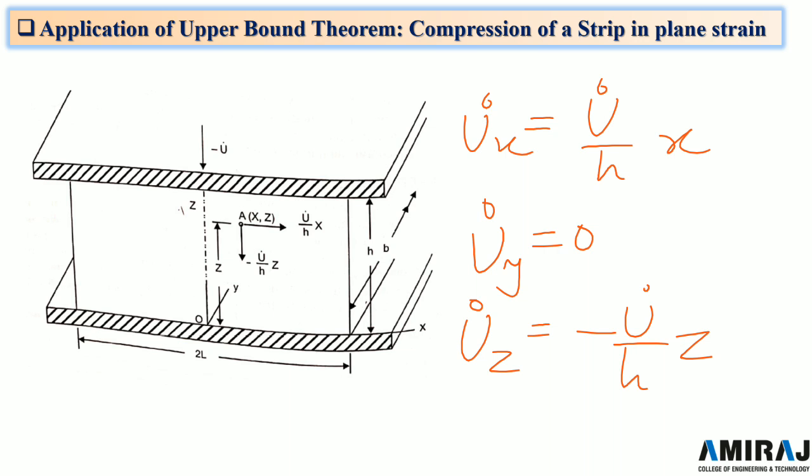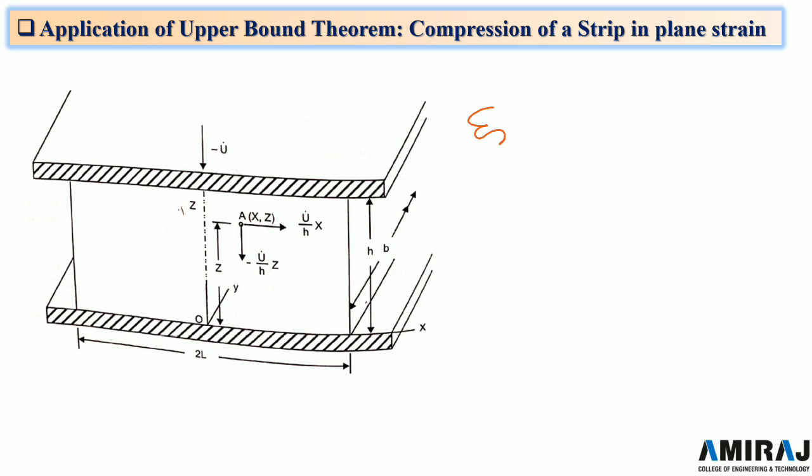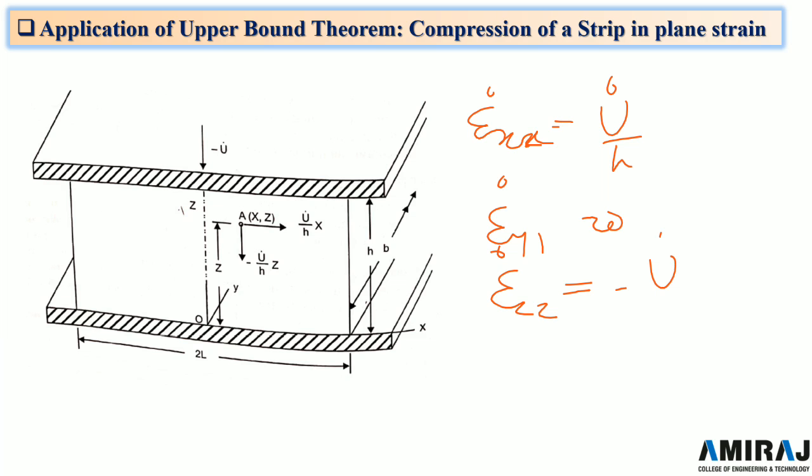Therefore the shear strain rates are 0, and all the strain rates can be written as epsilon xx equal to u dot by h, yy is equal to 0, zz is equal to minus u dot by h, and xy, yz and zx all three are equal to 0.